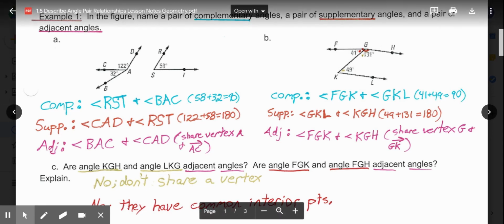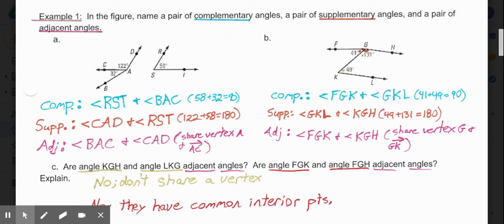Then in diagram B, our complementary angles are the two that add to 90. So it'd be angle FGK right here, and then angle GKL right here. So FGK, GKL, 41 and 49 equal 90. Our supplementary angles are the two that add to 180.